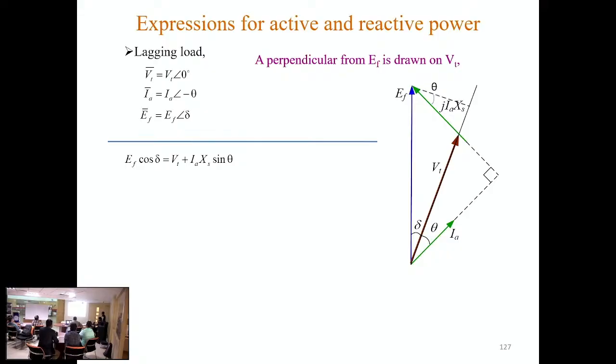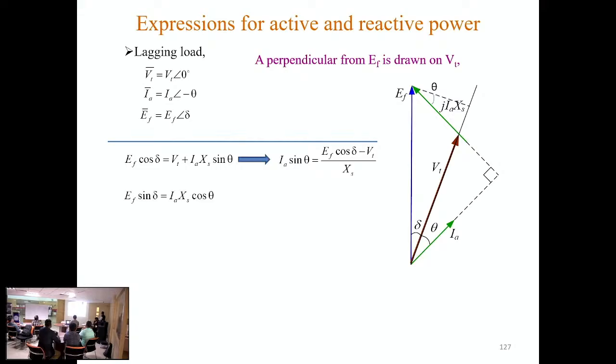Same way we can write Ef sin delta, but before that we will modify this expression and express Ia sin theta as Ef cos delta minus Vt divided by Xs. Okay, and now we will write Ef sin delta. What is Ef sin delta?